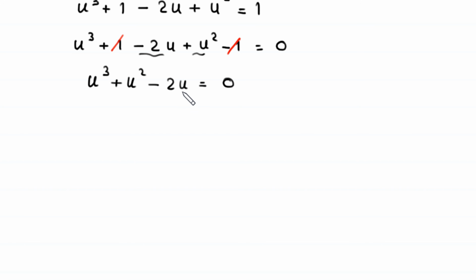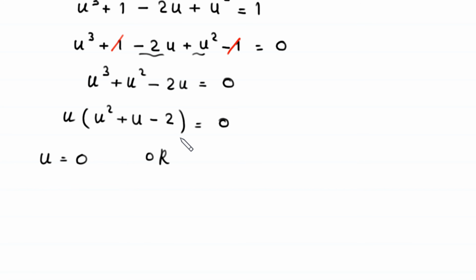You can see that from the left hand side we can factor out u. So u as common factor, in bracket u squared plus u minus 2 equal to 0. From here either u equal to 0 or u squared plus u minus 2 equal to 0. This quadratic equation is factorable, so we solve it by factorization.